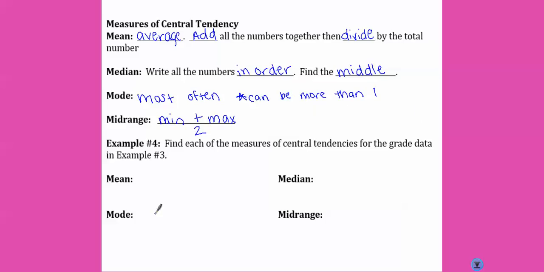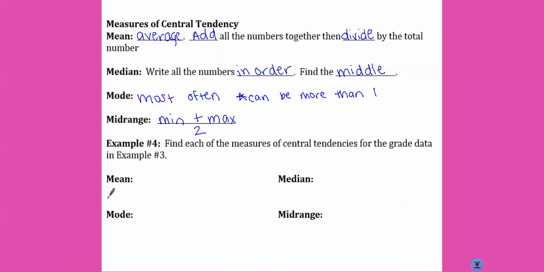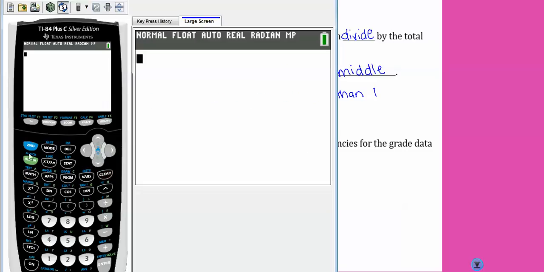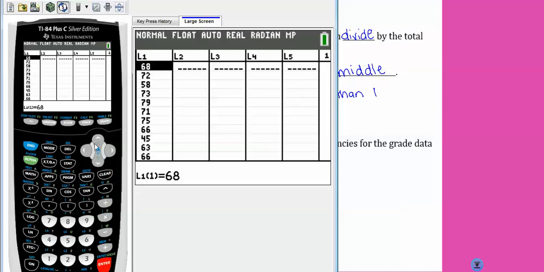So we're going to find all 4 measures of central tendency for our data about the grades. Now, it could be kind of a pain to add them all up and divide, or to write them all out in order. And the nice thing is the calculator will do this for us. So we're going to go to Stat and Edit, which we've done before, and you're going to put all your numbers in L1. I've already put all the data in there.